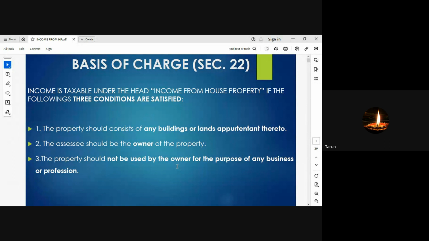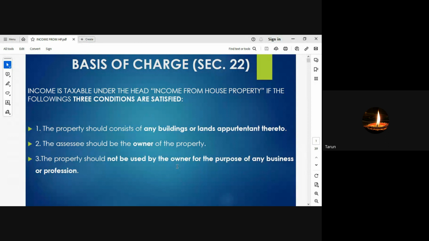The third condition is the property should not be used by the owner for the purpose of any business or profession. For example, I am a chartered accountant and my work is finalizing income statements and balance sheets of various categories of companies, and I took a property on rent.